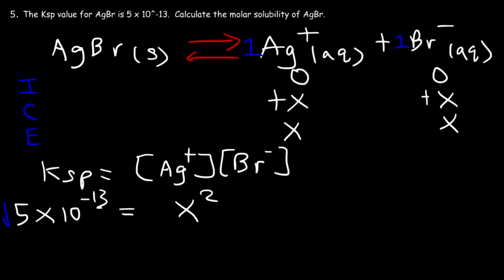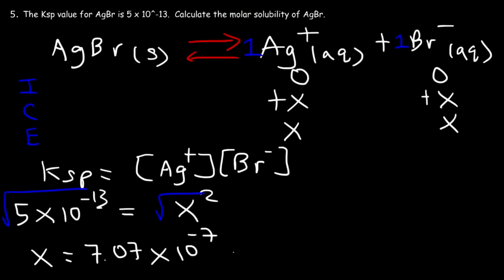Now let's take the square root of both sides. So X is equal to 7.07 times 10 to the negative 7 moles per liter. Notice that X represents the concentration of Ag plus and Br minus.